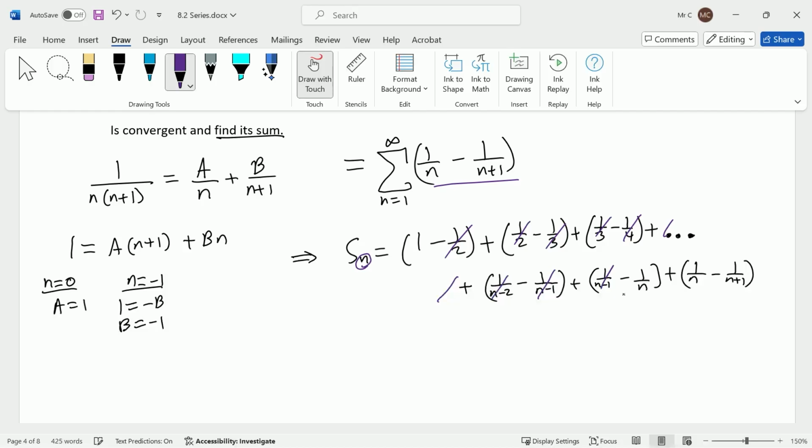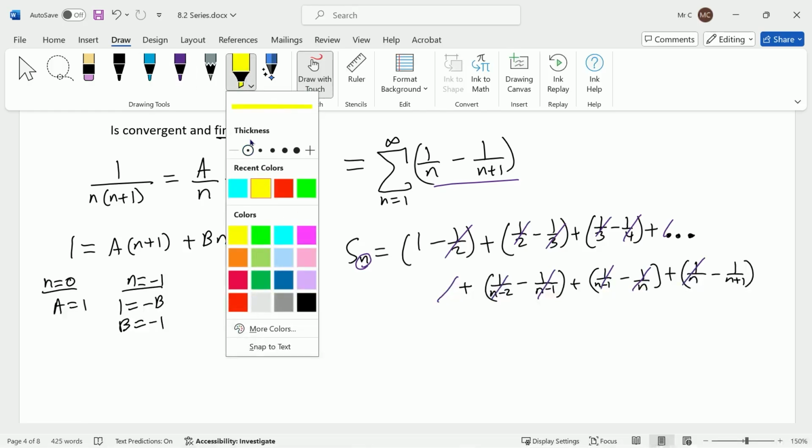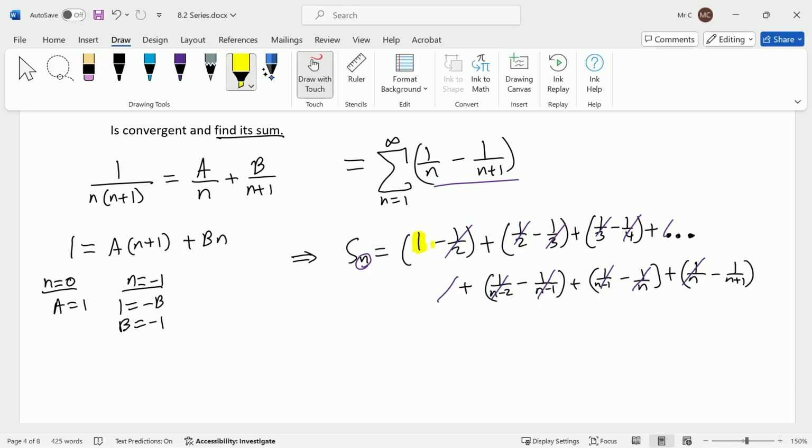And this cancels this, and this cancels this. The only terms left uncanceled are 1 and -1 over n plus 1. So we can simplify this expression to 1 minus 1 over n plus 1. And that's why we call it a telescoping sum, because the partial sum expands out and then contracts down like a telescope.